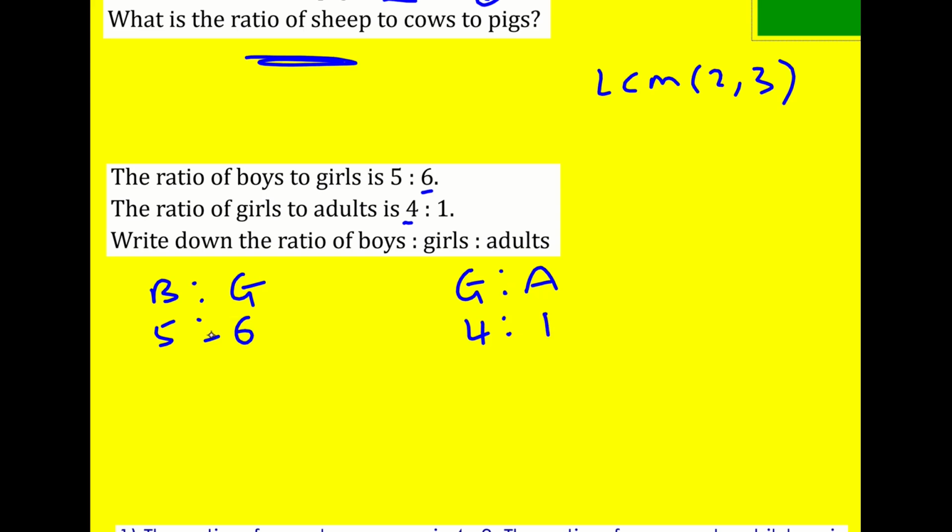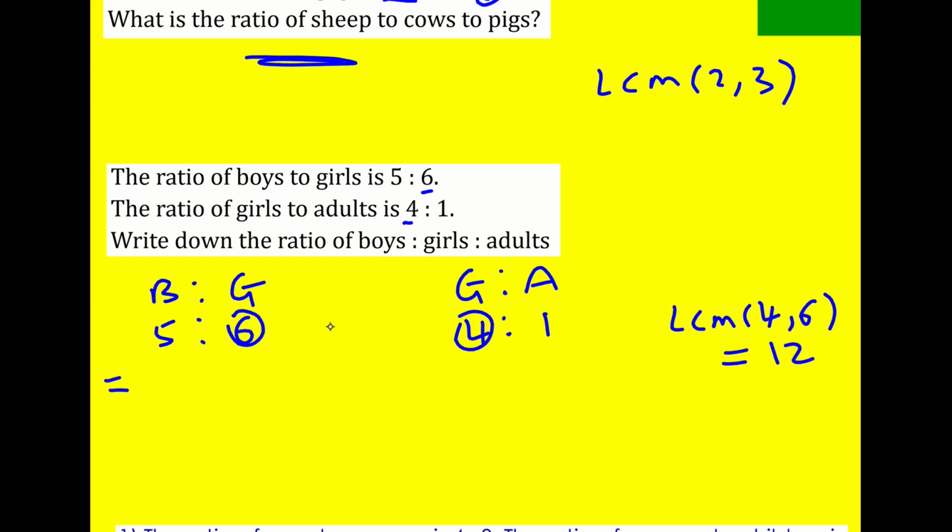I'm just laying it out again to try and make it clear. Okay, now I want these two numbers to be the same. Now I could just multiply this by 4 and this by 6. Actually, that would work. But instead, I can find the lowest common multiple of 4 and 6. This will just make it a bit easier. And actually, that's equal to 12.